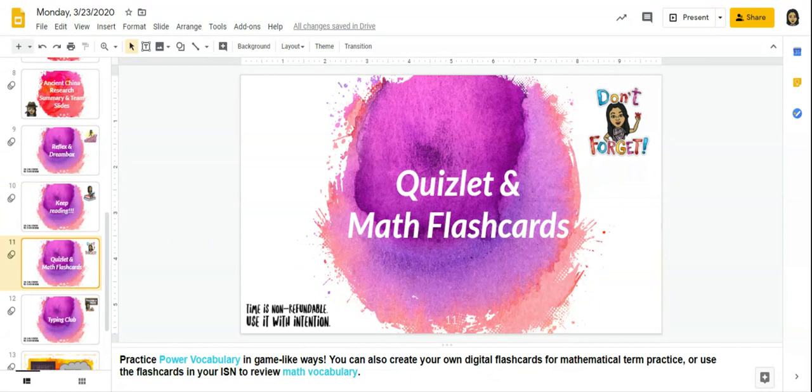Quizlet is a great way to keep up with our power vocabulary that we've worked on mostly at the beginning of the year, but keep fluid with those vocabulary words because I'd love to start seeing them in your writing more and more. And then math flashcards. You have all the units that we've completed so far in your math binders, your math ISNs, that you can access and study and practice.